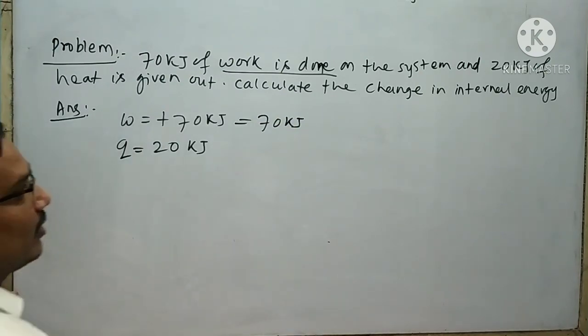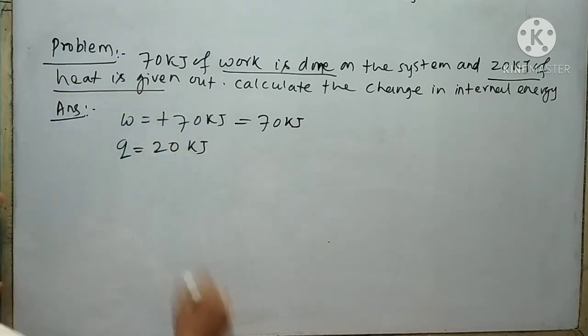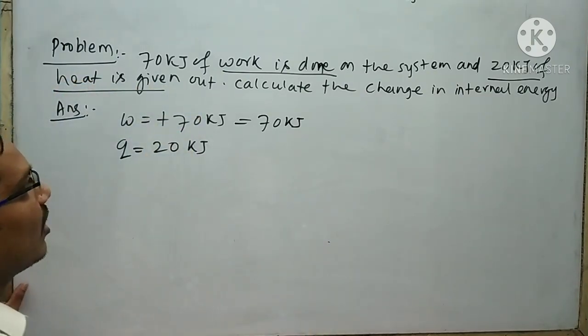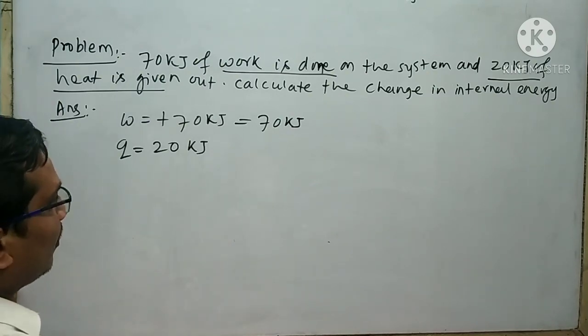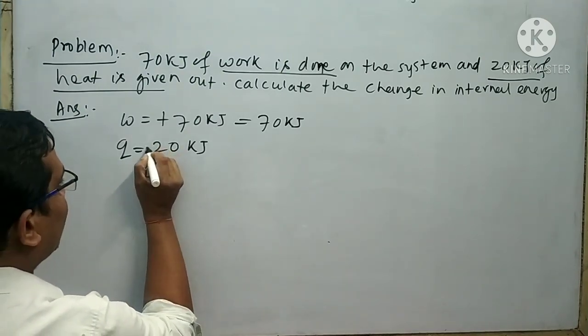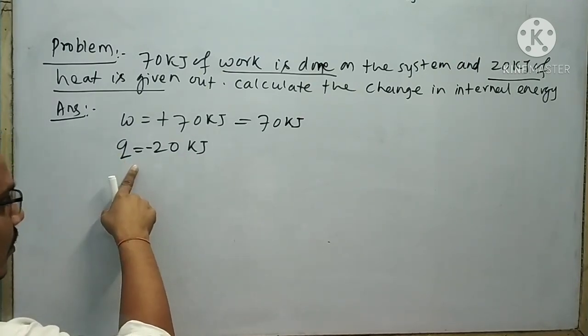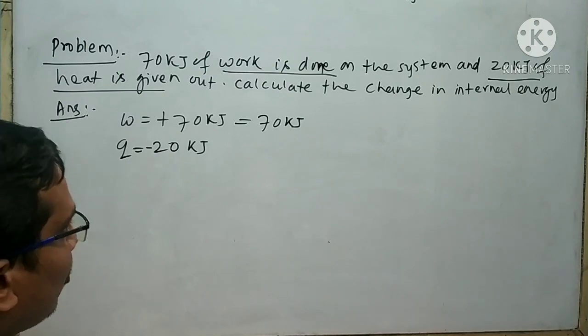Look at that, here 20 kilojoule of heat is given out. That means the system releases some energy. We know that when a system releases energy, then the value of Q is written with a negative sign. That means here I can write Q equal to minus 20 kilojoule.